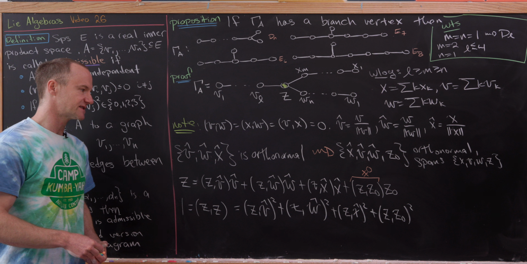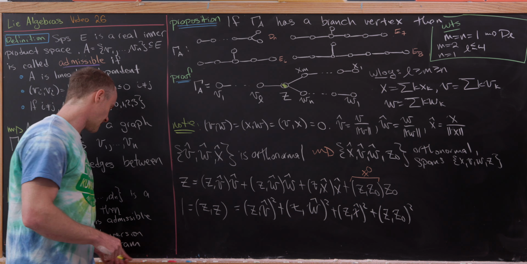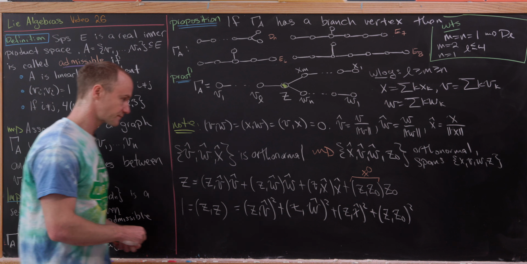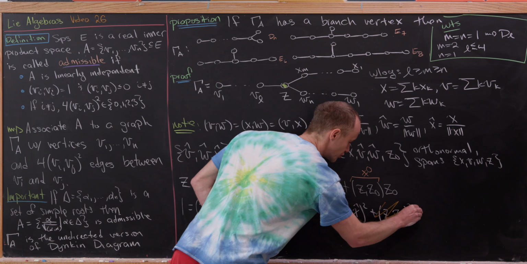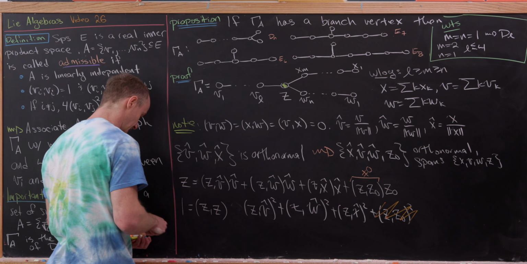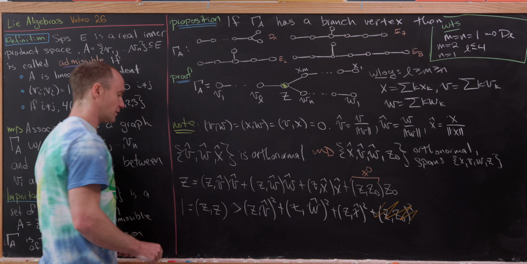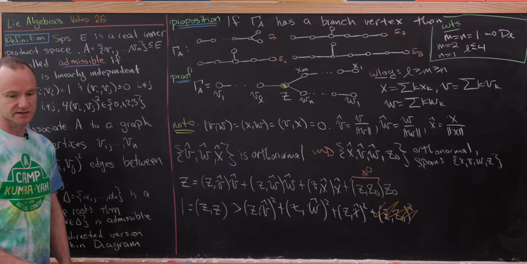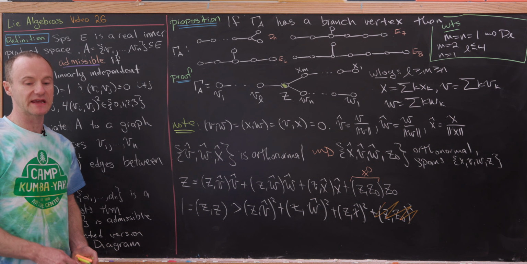But then, like I said before, the inner product of z with z naught is not 0, so if we square it, it's bigger than 0. So that means if we drop it, we pick up an inequality. So we've got 1 is bigger than the square of all of those inner products. And now let's see what we can get out of that.